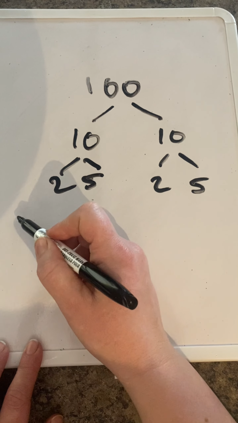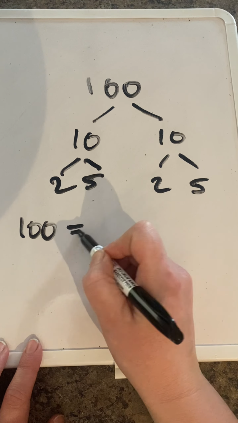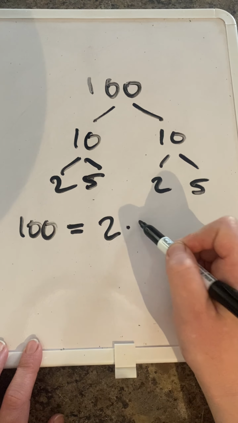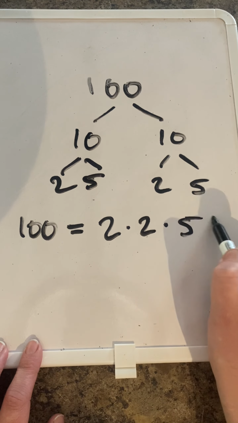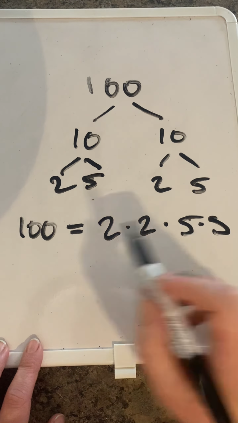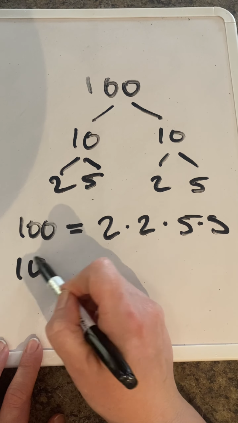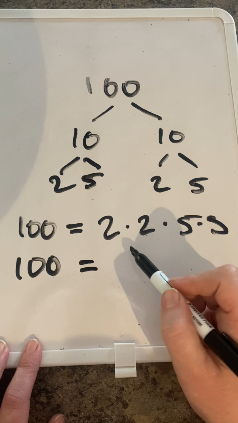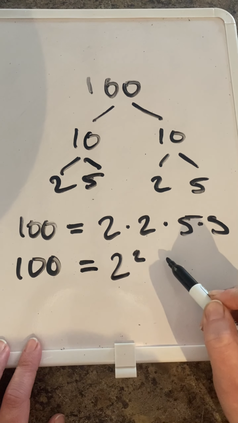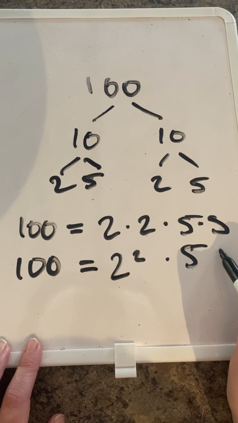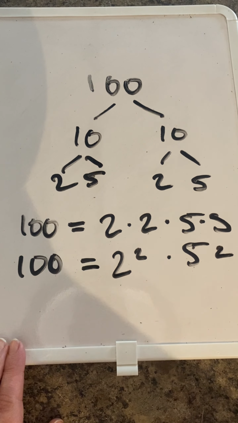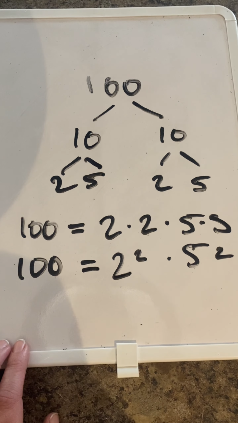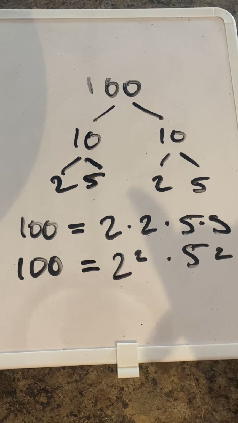So I'm writing 100 equals 2 times 2 times 5 times 5, or in exponent form, we can write 100 as 2 to the power of 2 times 5 to the power of 2. What helped here was starting with something familiar and working inward instead of overthinking it.